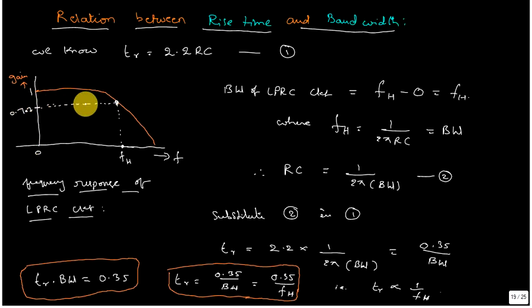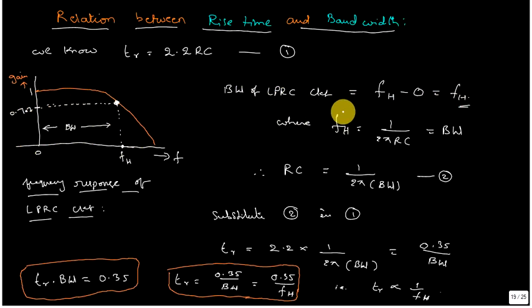Draw a horizontal line where it is touching the frequency response. That point will become fH. This is the lowest frequency it is allowing, and this is the highest frequency it is allowing. So bandwidth of this circuit is highest minus lowest frequency, fH minus 0, which is fH.